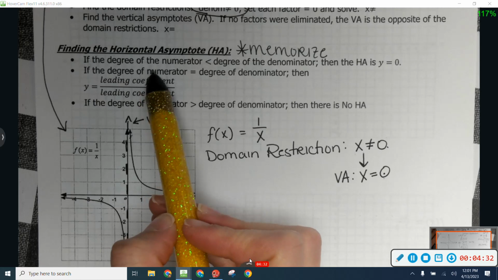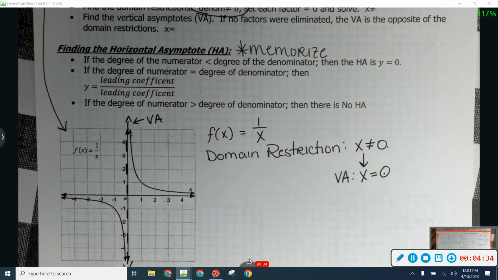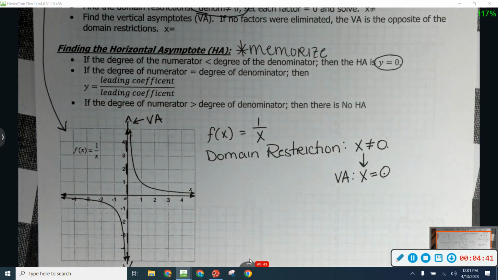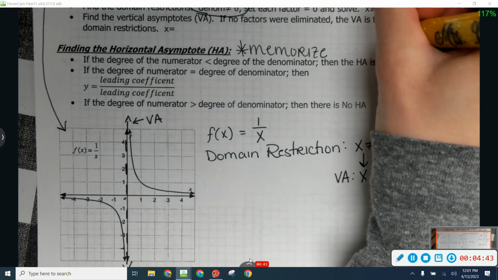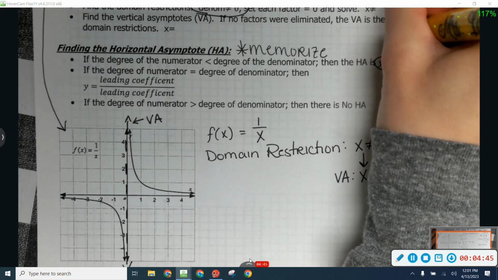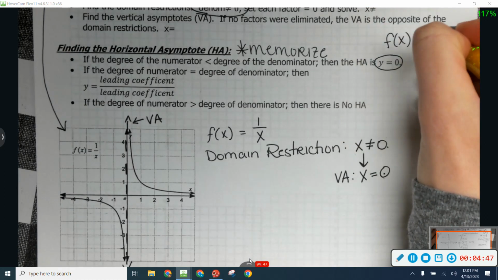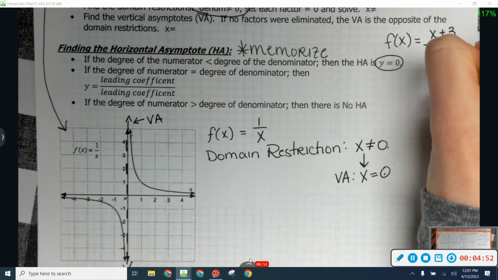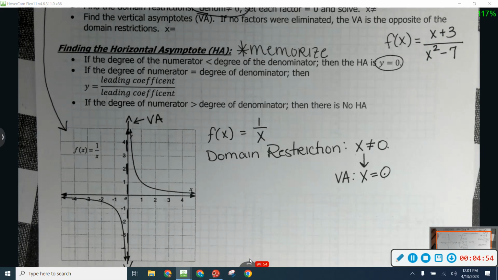So my first rule says if the degree of your numerator is less than the degree of your denominator, then your horizontal asymptote is y equals 0. Okay? So an example of something like that would be if I had f of x equals x plus 3 over x squared minus 7. Okay?